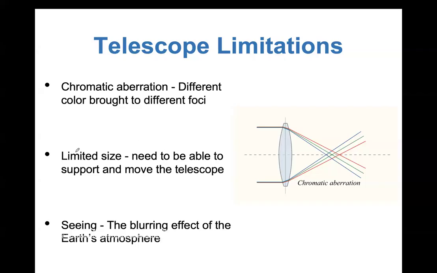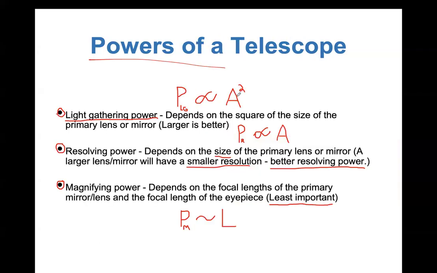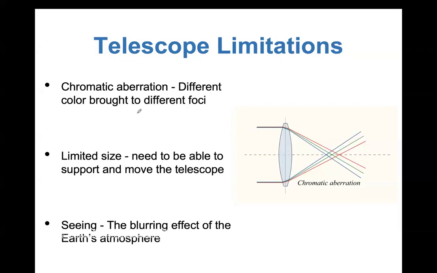Limited size. Okay. So you noticed that the size of the lens or the mirror was very important for both resolving power and light gathering power, the primary uses of a telescope. Well, that means that you have to have these really big mirrors. You could have a really big lens, but most modern telescopes don't work with lenses, they work with mirrors.